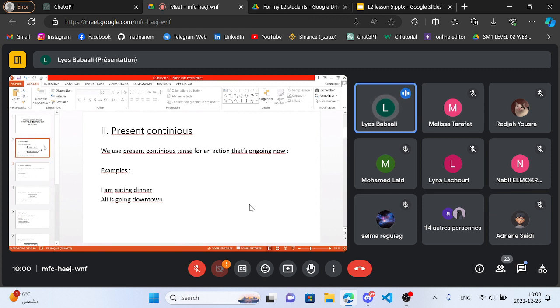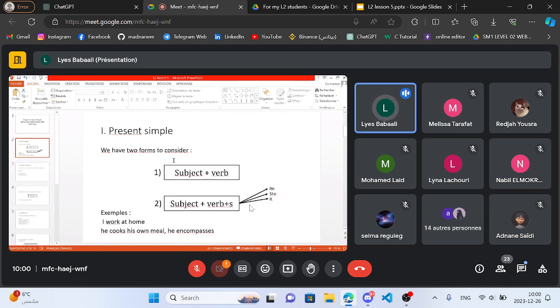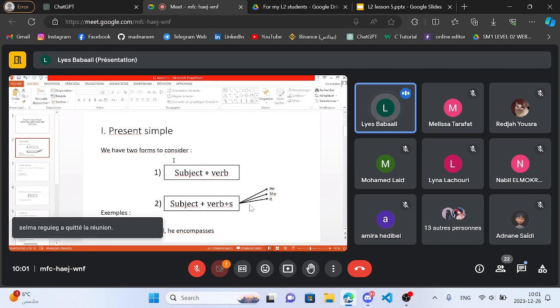One thing I forgot to mention here about present simple is that it is usually used to say some general truths or some facts, or some kind of action that happens all the time, every day, regularly. Like for example, I do my shopping or I do my laundry every day. This is an action that's repeated over and over. And we have general truths like iron melts when you heat it.